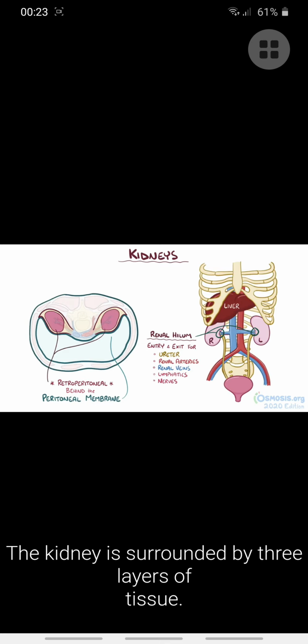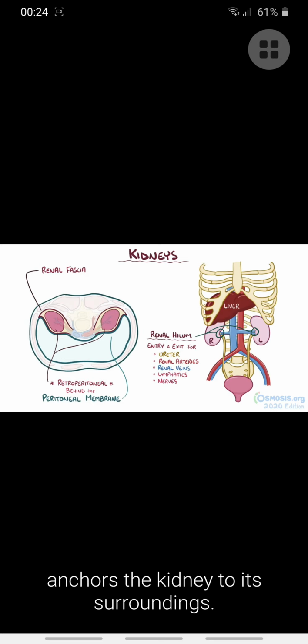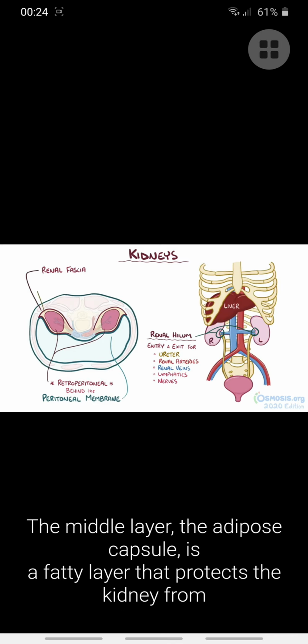The kidney is surrounded by three layers of tissue. The outside layer is the renal fascia, which is a thin layer that anchors the kidney to its surroundings.